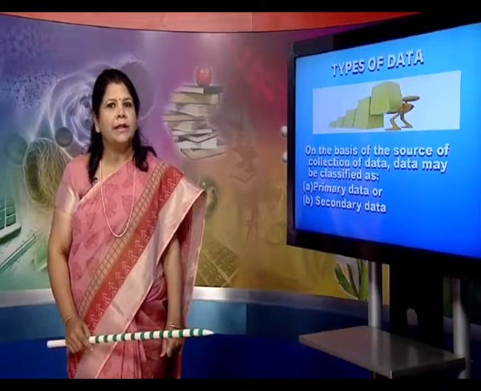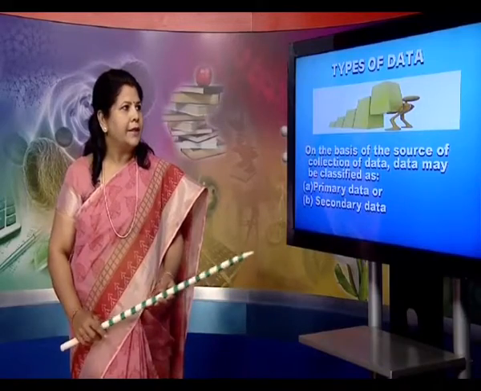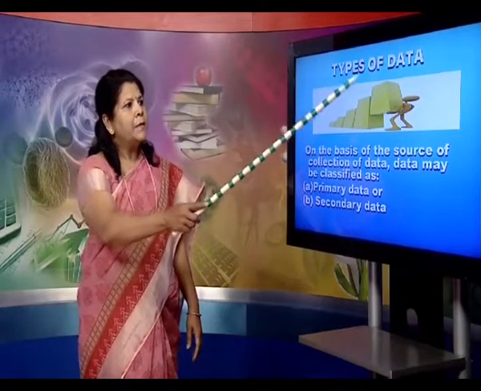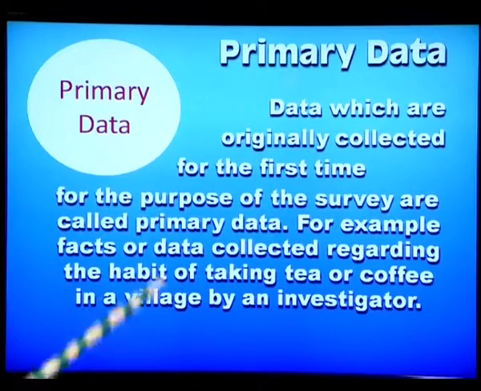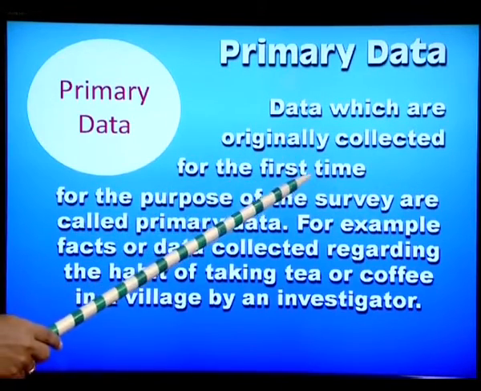Let us now understand more of statistics. What are the types of data we have in statistics? On the basis of the source of collection of data, data may be classified as primary data or secondary data. Let us now understand what primary data is.